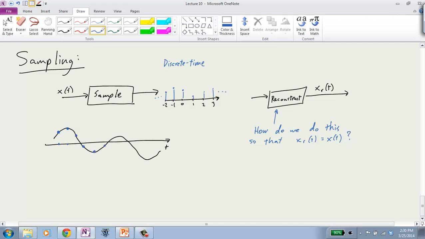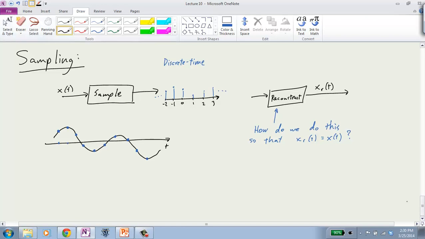This isn't the only way you could possibly do sampling, but this is the way we'll talk about it here. So you just lose everything between the sample points. You're just storing the value there. You can build circuits that do something like this. They use a comparator with transistors to decide where the voltage is at the input, and they use a clock to take samples. Right? So, can we recover?